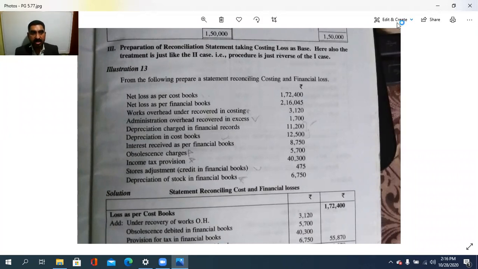Items that were deducted when the profit was taken are to be added here, and items that were added when profit as per cost books was taken are deducted here, so that we reach the loss as per financial books. Here also the treatment is just like the second one; the procedure is just the reverse of the first case.